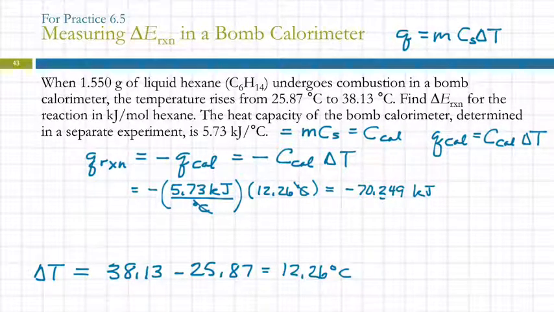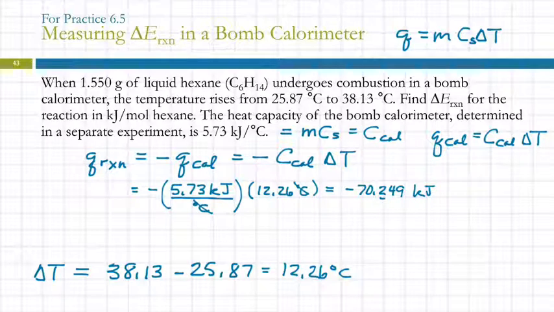Is that the answer? Not quite. What units are they asking for? Kilojoules per mole of hexane. This is the amount of energy released by 1.550 grams of hexane burning. So, it's nice to be able to figure that out.